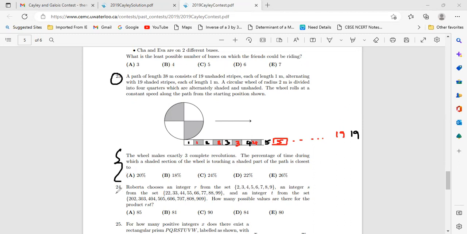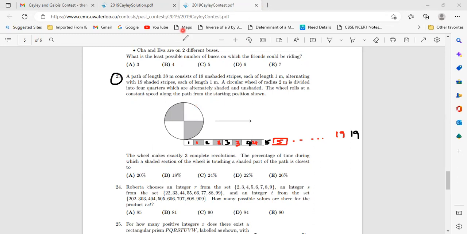The wheel makes exactly 3 complete revolutions. The percentage of time during which a shaded section of the wheel is touching a shaded part of the path is closest to 20%, 18%, 24%, 22%, or 26%.